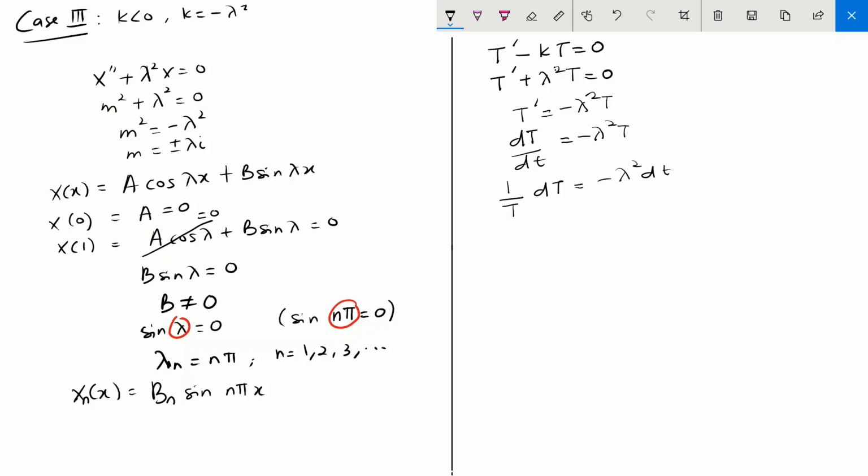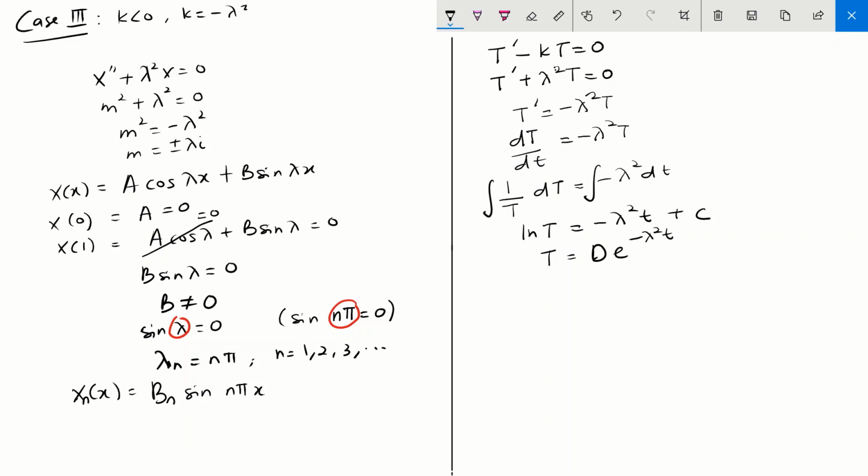This equation is also a separable equation, so we can separate it with only the capital T variable on the left hand side and the small t variable on the right hand side. We solve this: ln T equals minus lambda squared t plus c. When we exponentiate, T equals D e to the power minus lambda squared t.